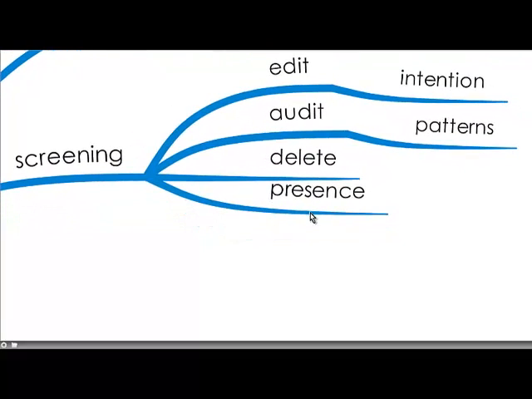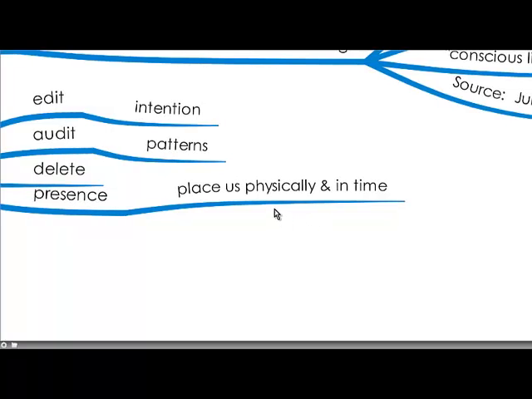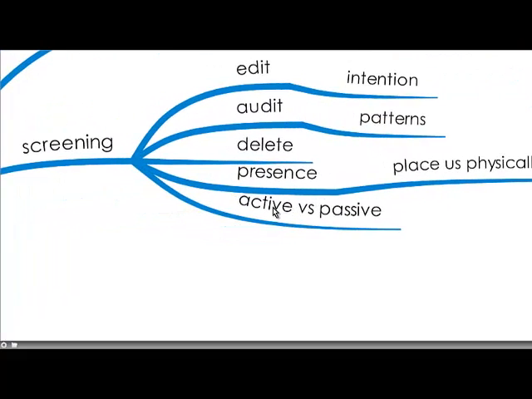But having presence, and a great way for, I guess, yoga or relaxation is using presence, which means that you just listen to all the sounds that are about you, because that then places you physically in space and in time, and it gives our other senses a chance to defrag in a way from being so overloaded.